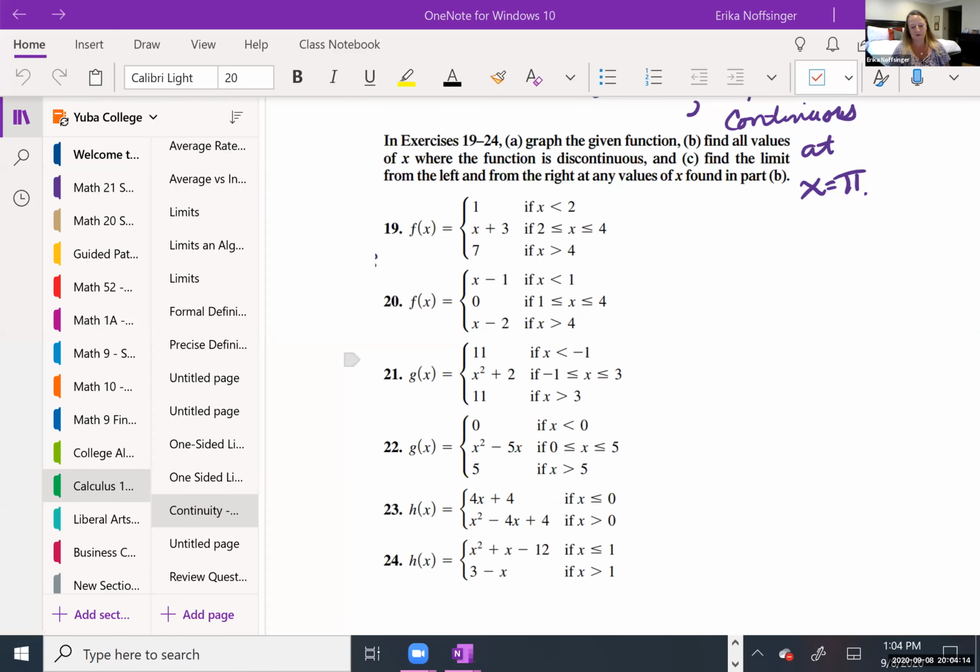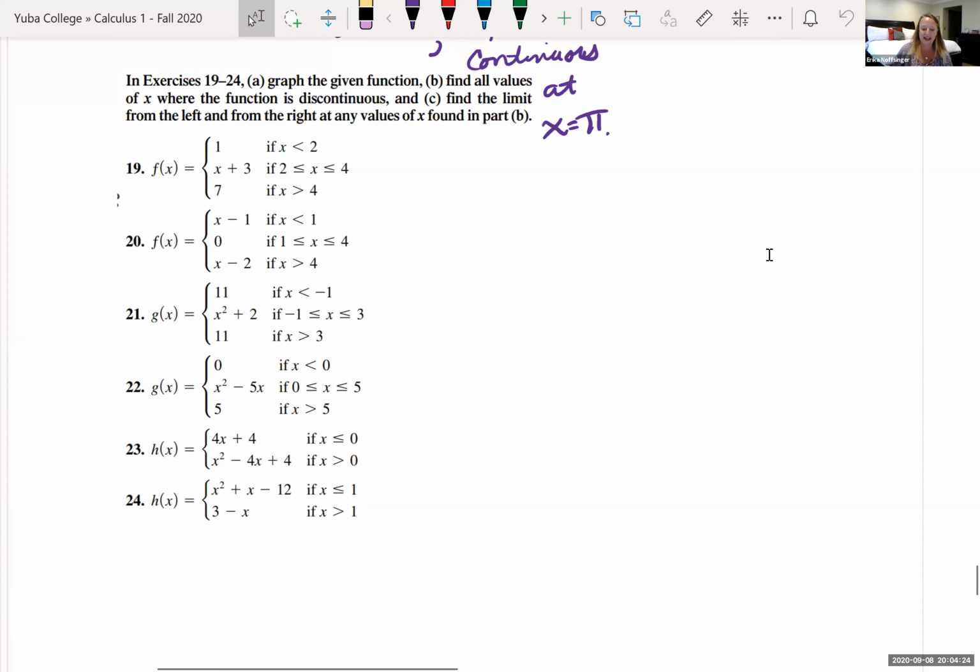Okay, so we were looking at what it means to be a continuous function. There were certain conditions that had to hold to be continuous. First of all, to be continuous at x equals c, f of c had to exist.